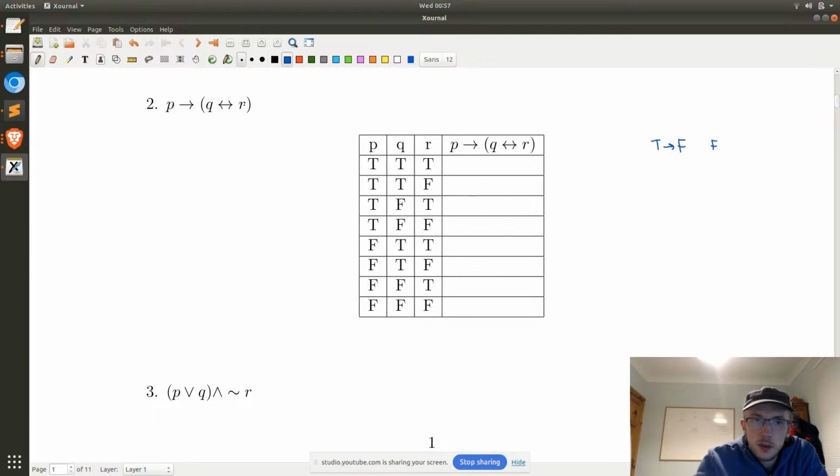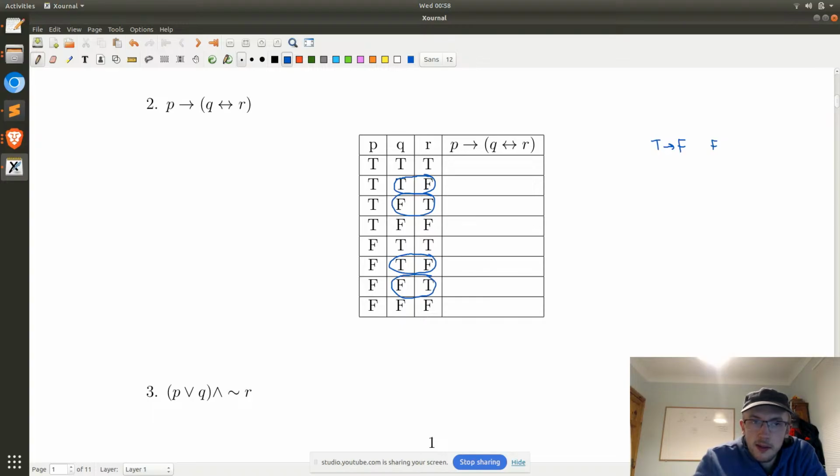So I just want to know when is Q if and only if R false? Well, that's false precisely when they disagree. So that would be here, and here, and here, and here.